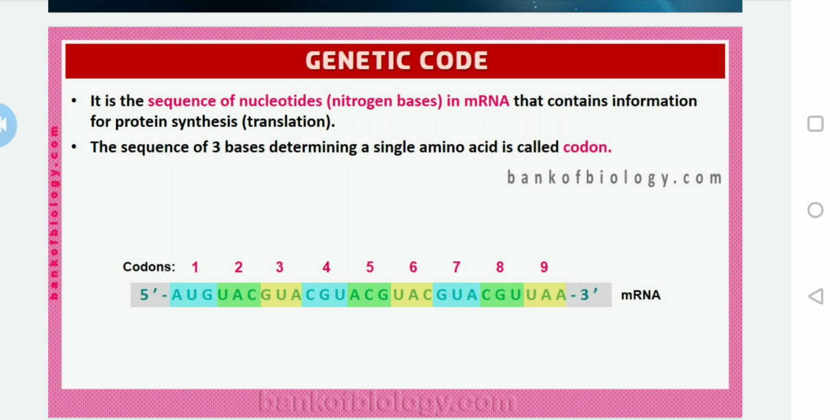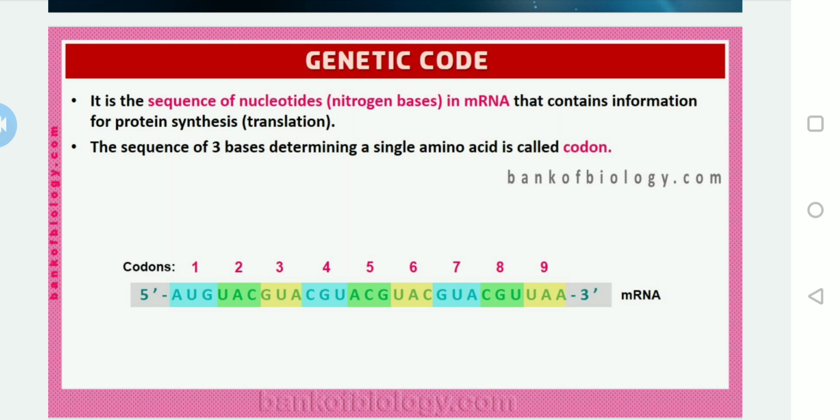Generally, how will it be? The sequence of 3 bases determining a single amino acid is called a codon. Here only the sequence is given. For example, in this sequence, beginning from 5 prime to 3 prime direction, there are about 9 codons present.